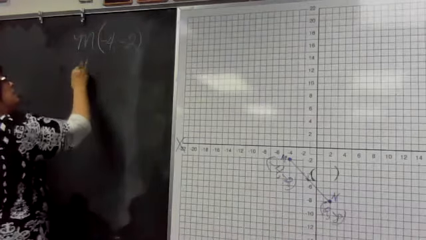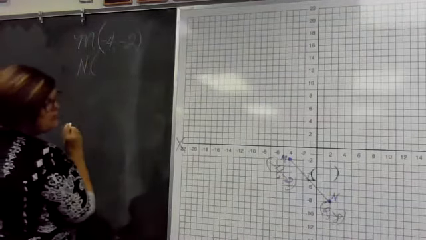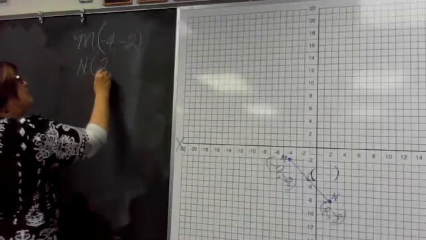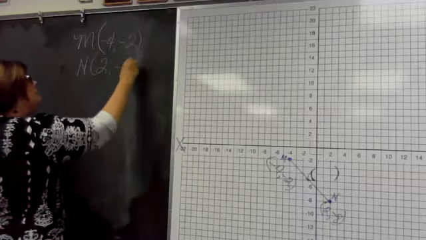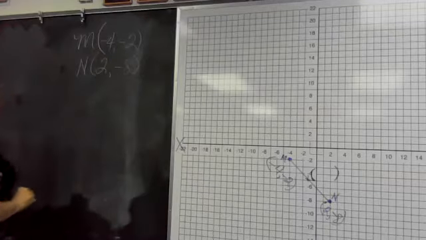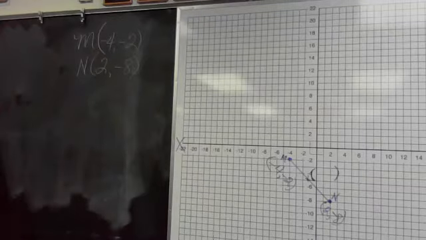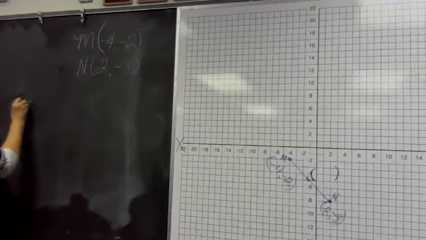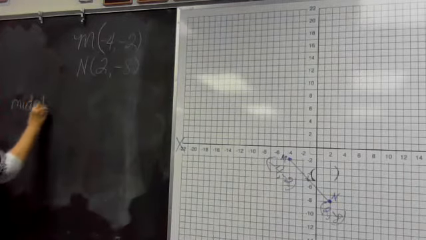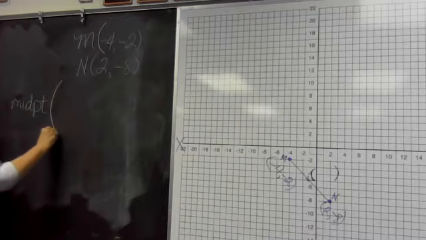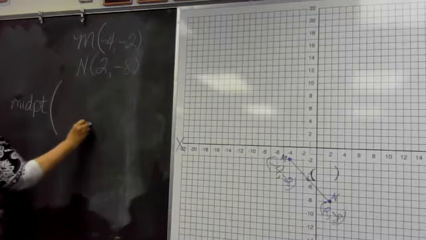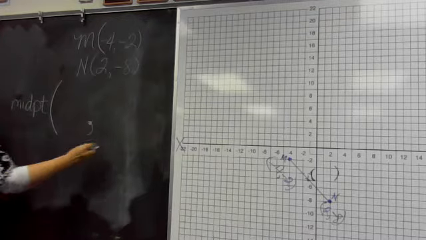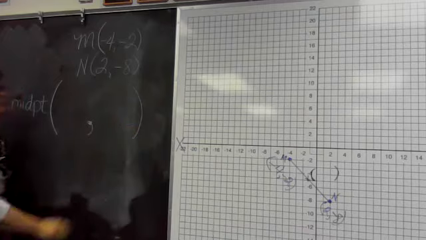And N, the coordinates for N are 2 and -8. To find the midpoint is this easy. The midpoint is going to be an X and a Y.